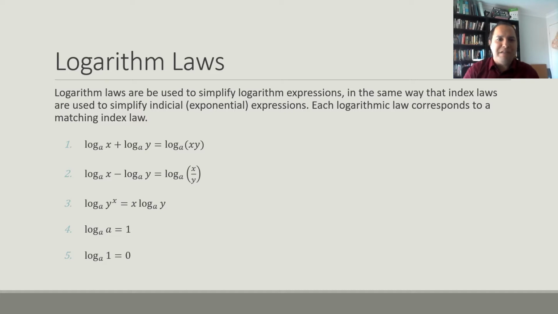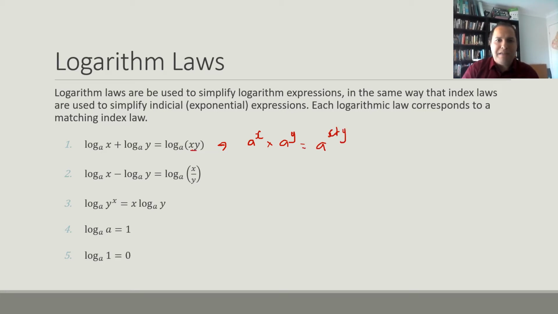So for example, looking at our first log law, log base a x plus log base a y equals log base a of x times y. That rule looks very similar to a to the x times a to the y equals a to the x plus y.